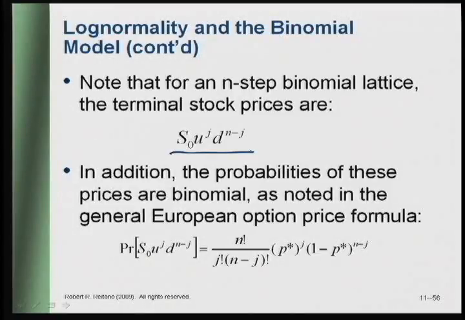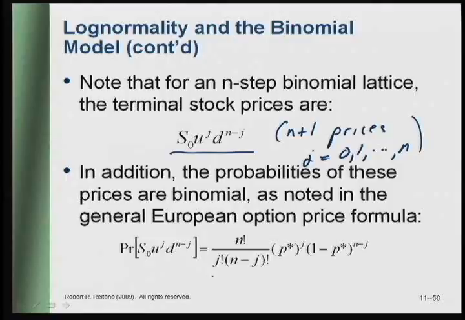So there are n plus 1 prices here, because j can be 0, 1, all the way up to n. So if I take n steps in my binomial lattice, I have n plus 1 prices at expiry.